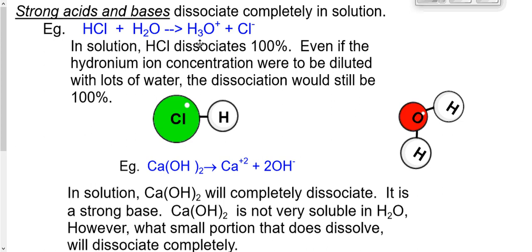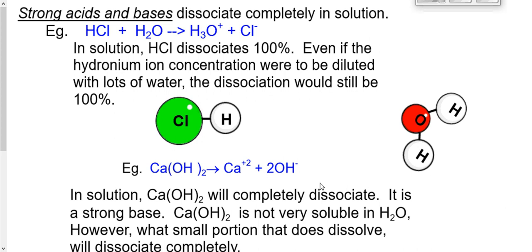In solution, when I put hydrogen chloride, hydrochloric acid, into water, 100% of it will break apart. Even if the hydronium ion concentration is diluted with lots and lots of water, 100% of it, or close to it, has still separated into ions.